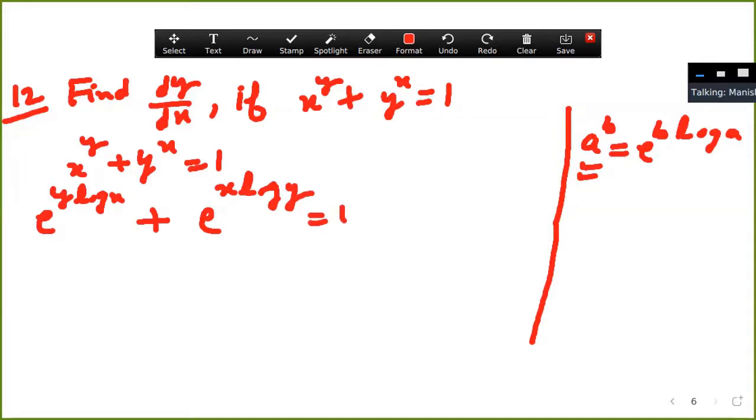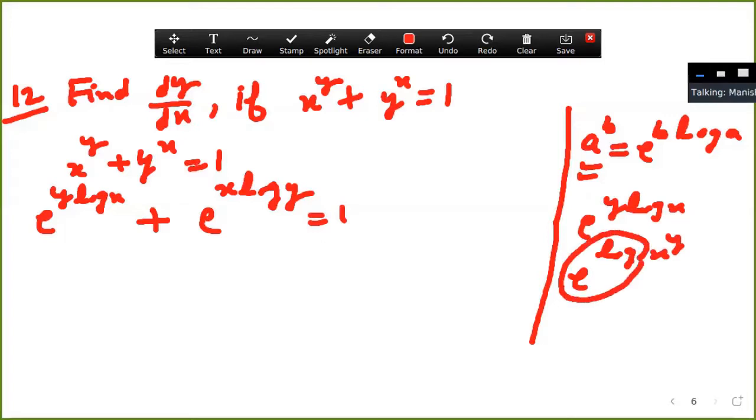If I solve it, just look here, e to the power y log x. I can write it as e to the power log of x to the power y, and e and log both cancel. What will you get? x to the power y.